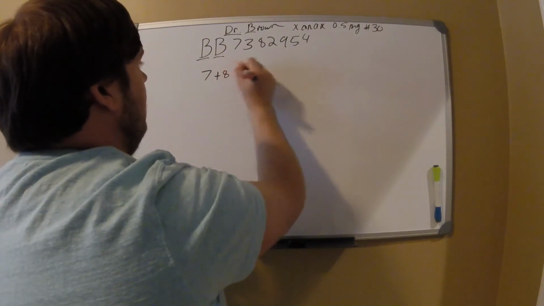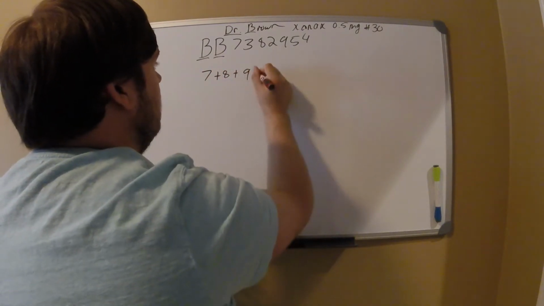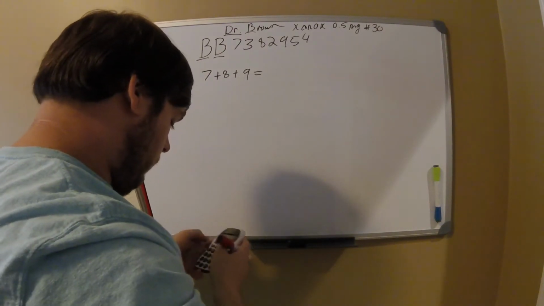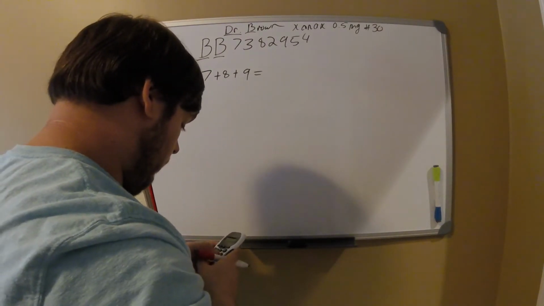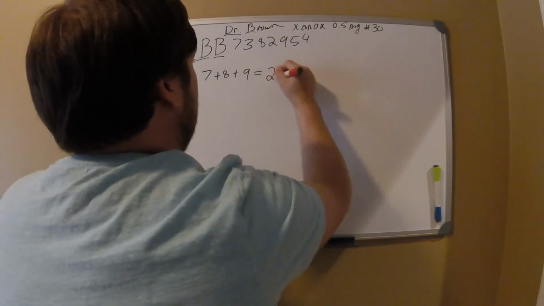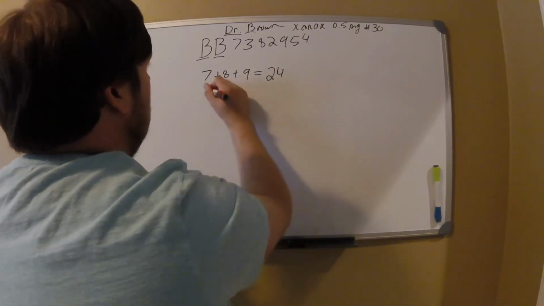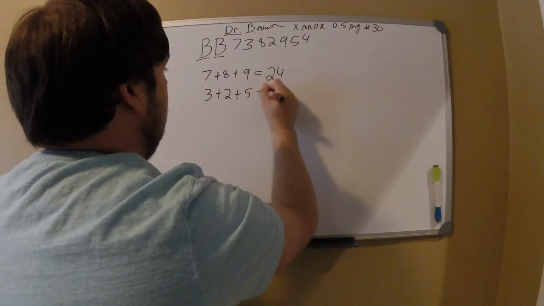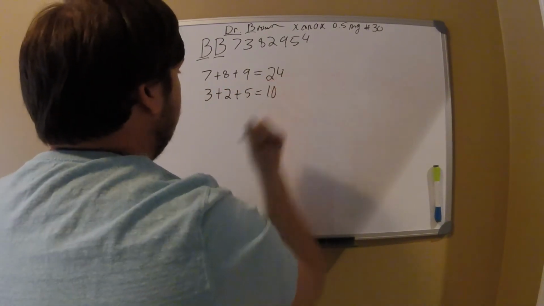7 plus 8 plus 9. All right, it's 24, so 3 plus 2 plus 5, it should be 10.